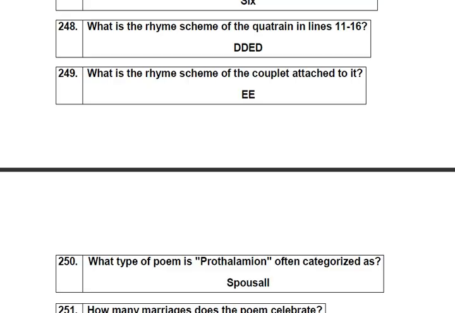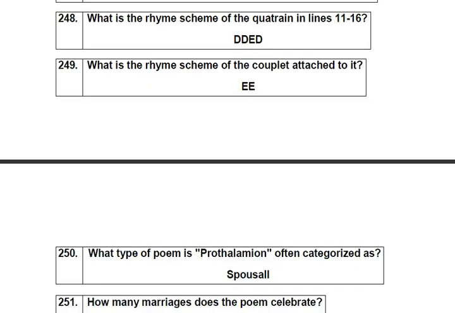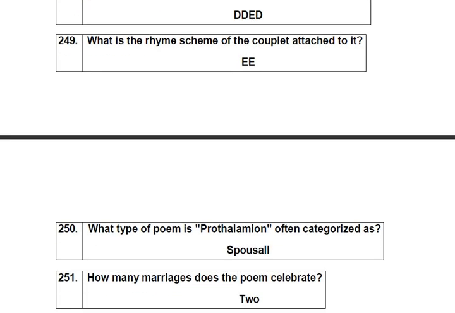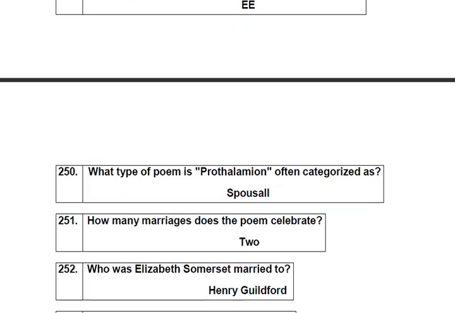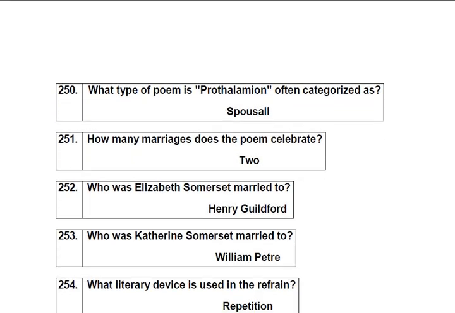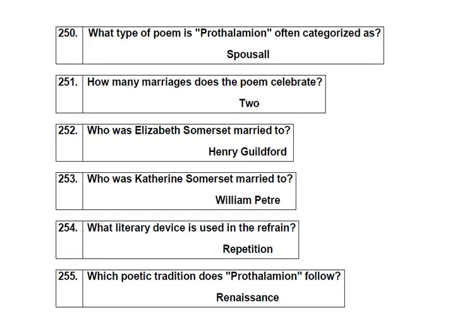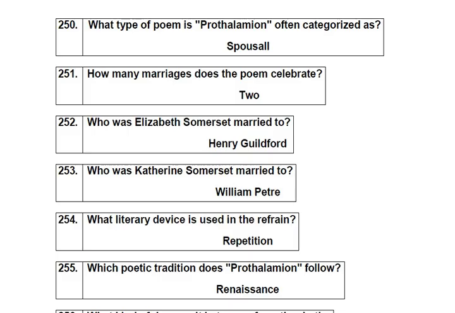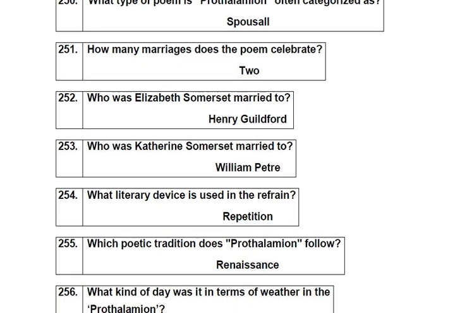What is the rhyme scheme of the quatrain in lines 11 to 16? D, D, E, D. What is the rhyme scheme of the couplet attached to it? E, E. What type of poem is Prothalamion often categorized as? Spousal. How many marriages does the poem celebrate? 2.